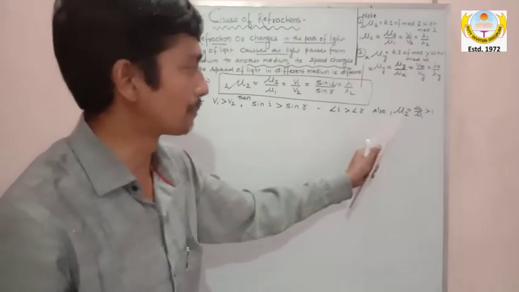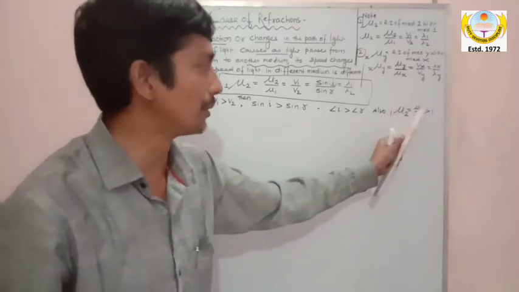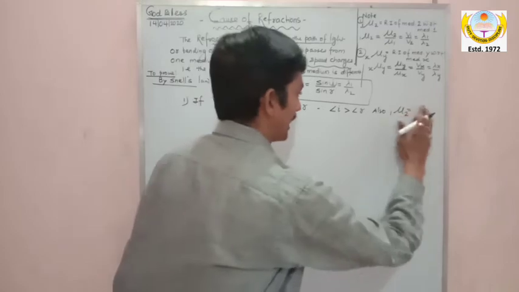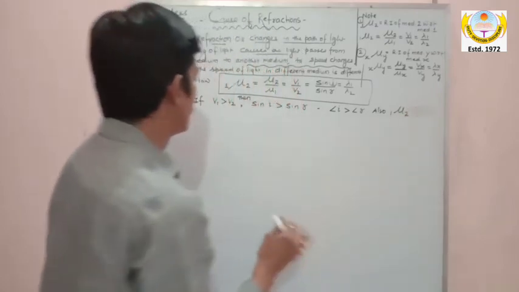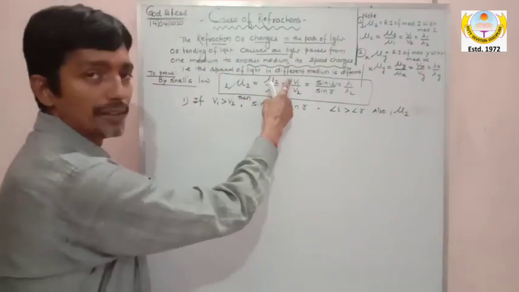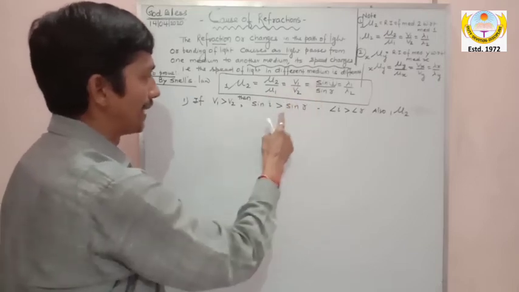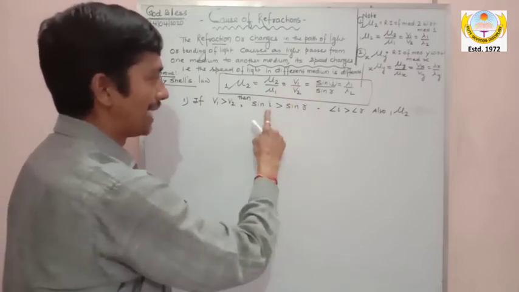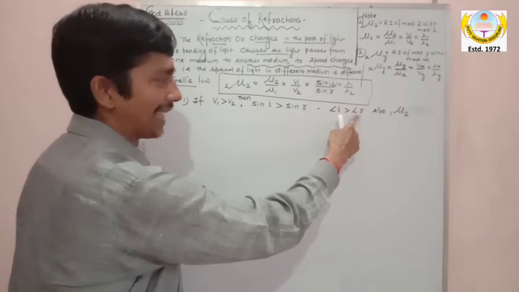Mu of 2 with respect to 1 can be written as mu 2 divided by mu 1. So I can write this, that if V1 is greater than V2, then sin I will be greater than sin R. So angle I, removing sin, angle I is greater than angle R.